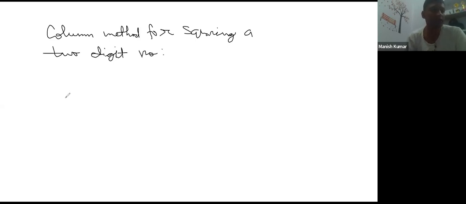Okay. Now we will explain this with an example like 47 square, which you want to do with the help of the column method. So the digit at ones place is to be taken as B, and the digit at tens place is to be taken as A. So here A is equal to 4 and B is equal to 7, isn't it?